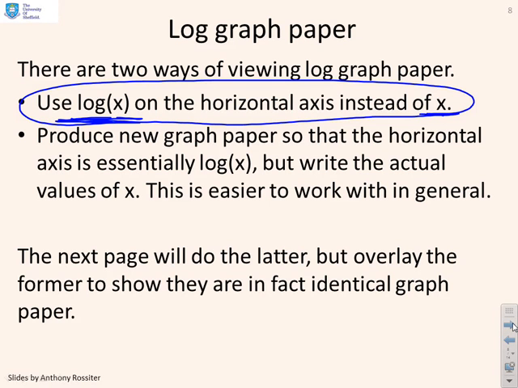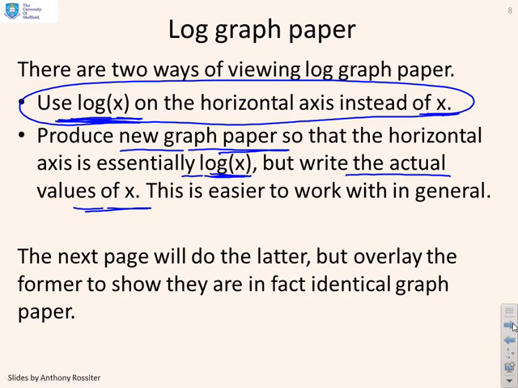An alternative is to produce new graph paper, so the horizontal axis is essentially log x, but, and here's the key thing, instead of writing log x, you write the actual values of x on the paper, because then it's easier to work with, because I can do my mapping straight from the xy data instead of first having to get my calculator out and write log x.